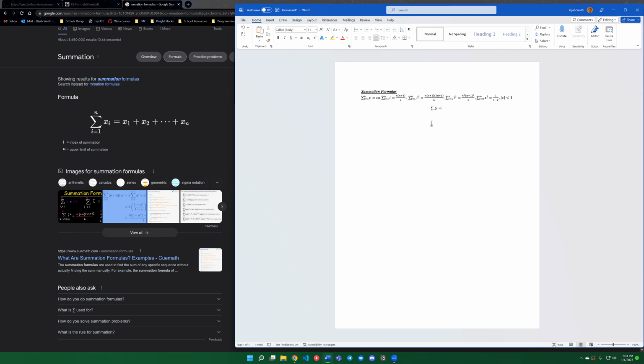The sum is over i from 0 to n of x to the i, and it's equal to x to the i plus 1, and then a -1 on the outside of that exponent, divided by x minus 1. All right, this looks good to you.